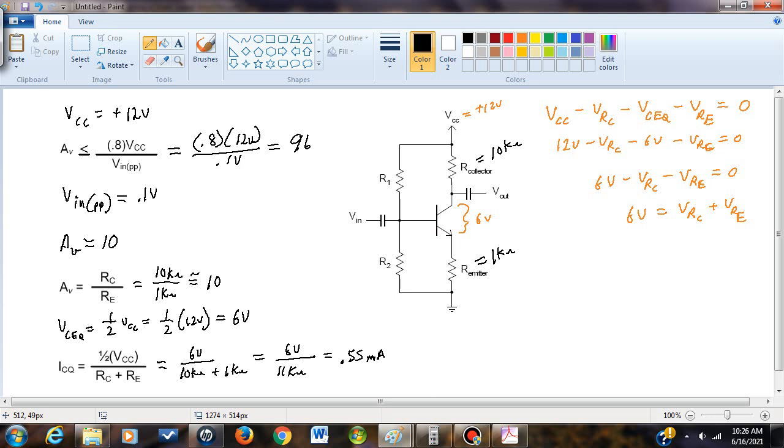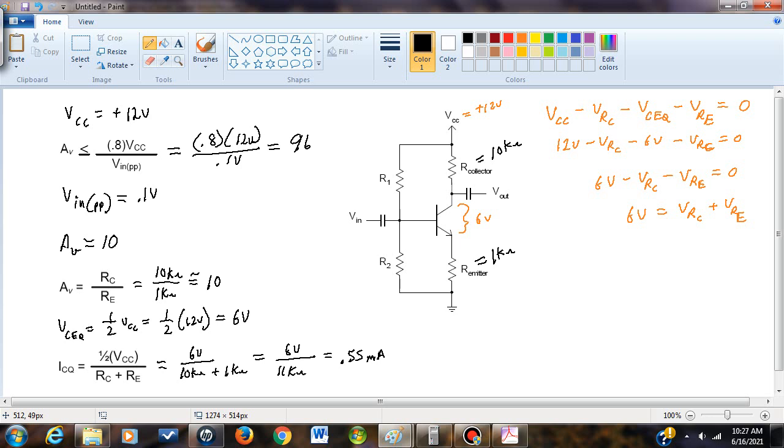Please note that the ICQ, as was stated in the document, should be between 1 milliamp and about 5. But the issue that we have here, at the voltage that we've chosen of 12 volts, is that the RE value was set to 1K.